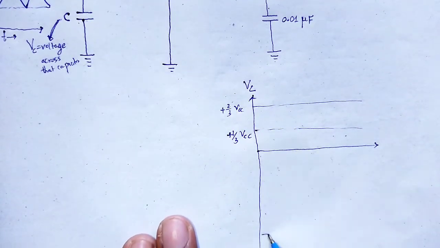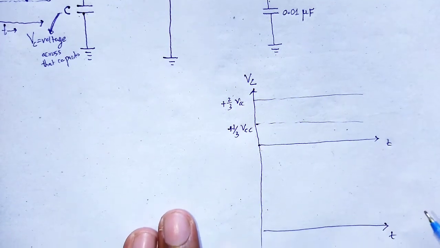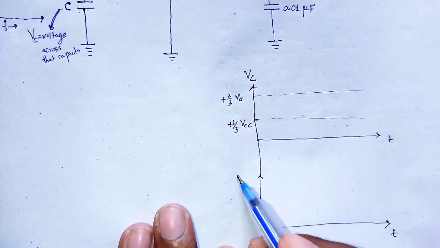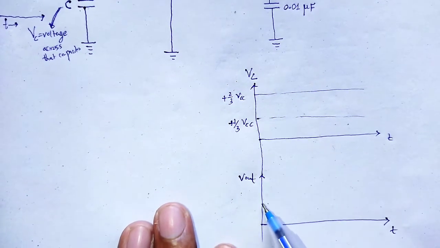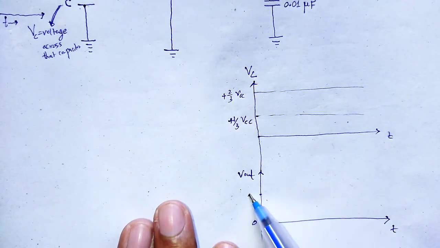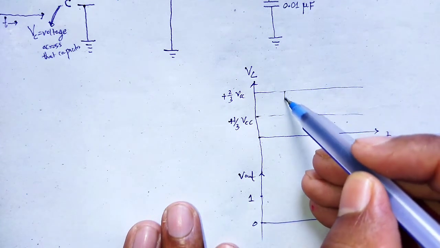Next at output, V out, there are two states, 0 and 1.